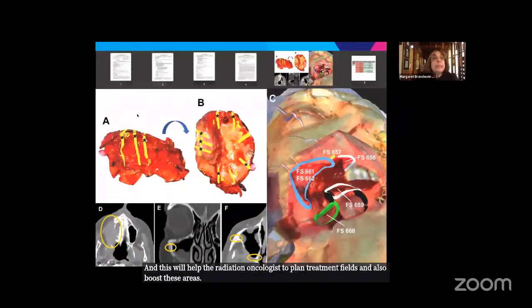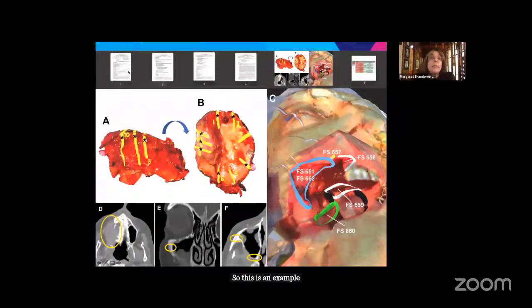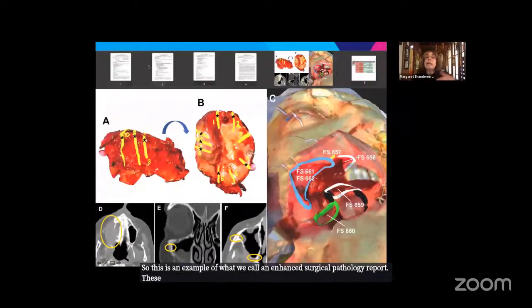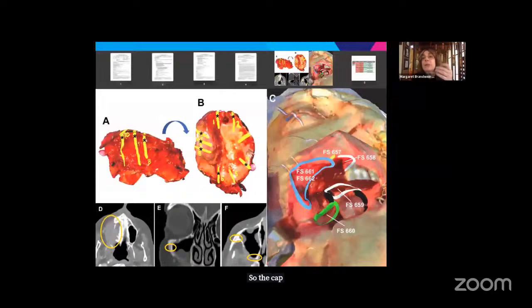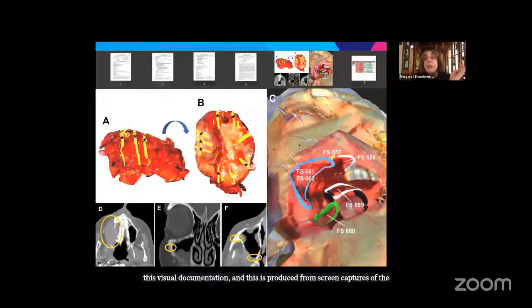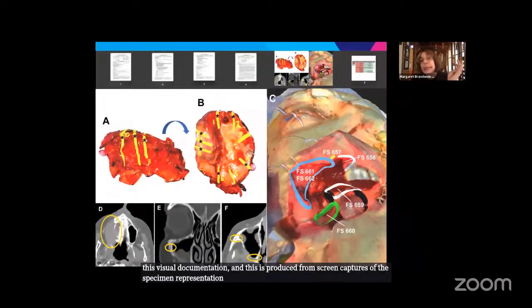So this is an example of what we call an enhanced surgical pathology report. These 4 pages here are the body of the report, the narrative, also the CAP. After the report, we upload this visual documentation, produced from screen captures of the specimen representation and the defect representation.